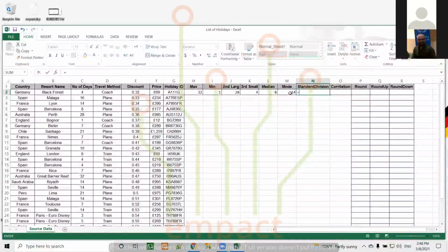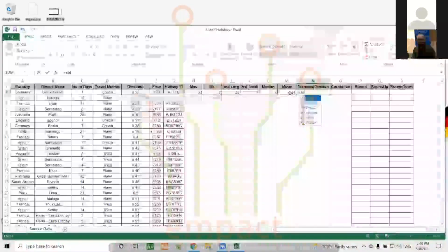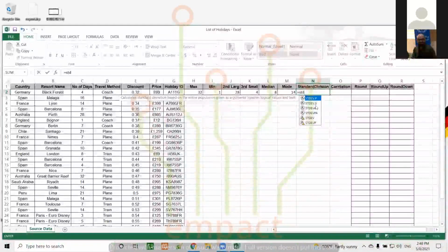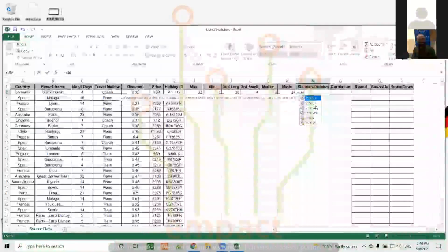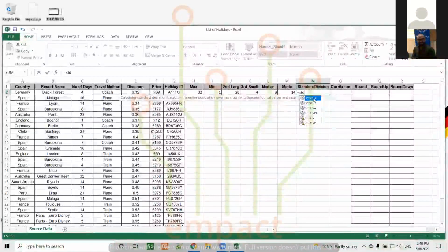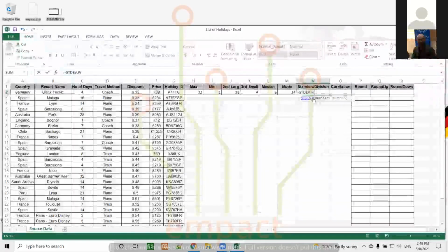So let's do the standard deviation and see how it shows us the data. We have two types here. The rest we are not dealing with because they are not our business right now, but if you want to know more, you could research them. For us, we are just taking the population, because we have a population of data. When taking the population, it asks what range of data you want.